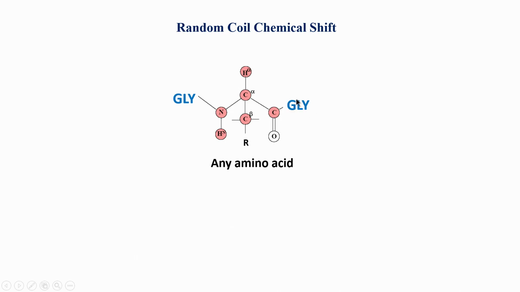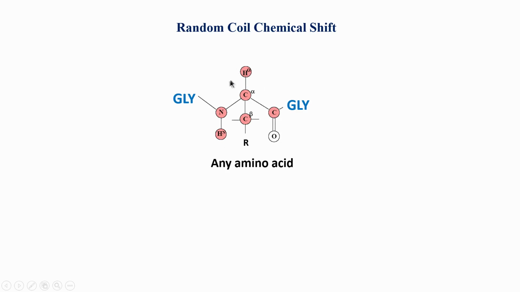Why? Because glycines have the highest propensity to be in the random coil conformation. Therefore, this tripeptide will be stabilized in a random coil manner. It may not exist in alpha helix or beta strand. By doing this, I have ensured that the amino acid at the center is in a random coil conformation.